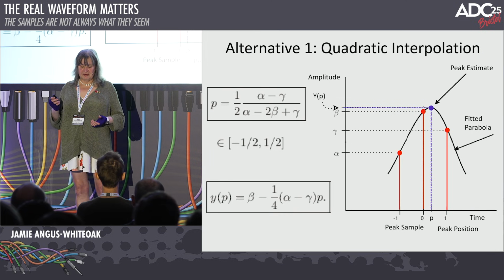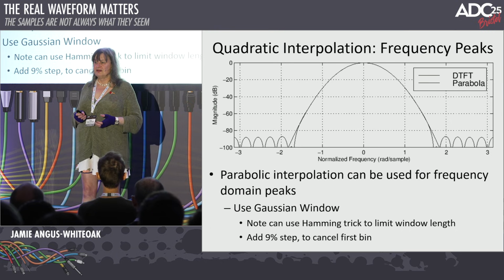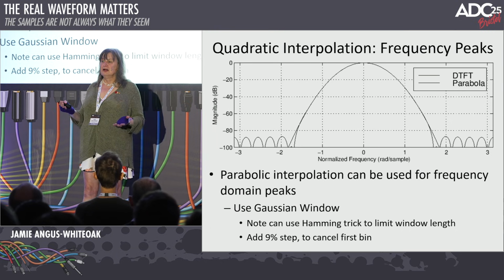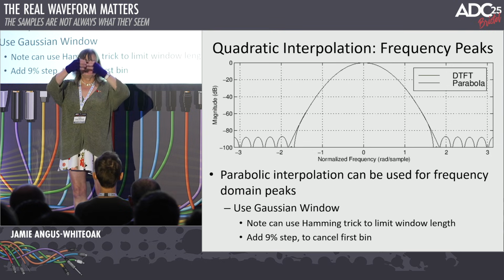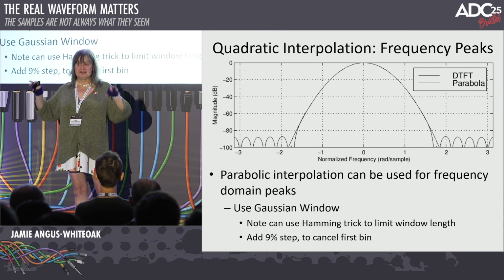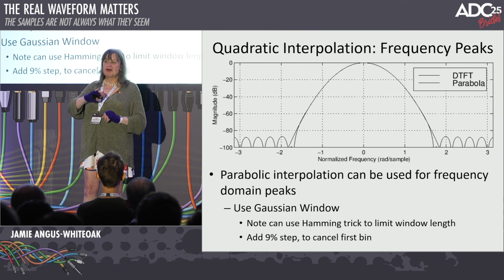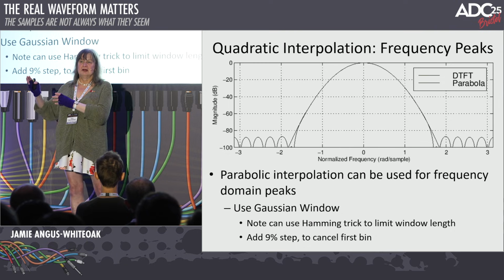It's not an unreasonable thing to do. And it's useful in the frequency domain. If you're trying to detect peaks in an amplitude spectrum, then quadratic interpolation is useful.